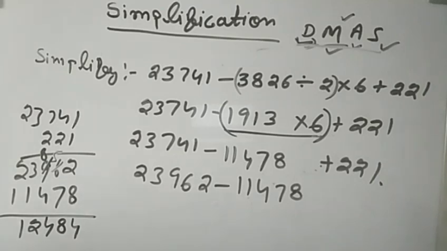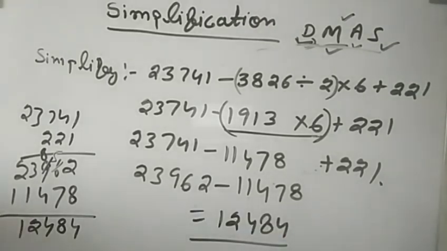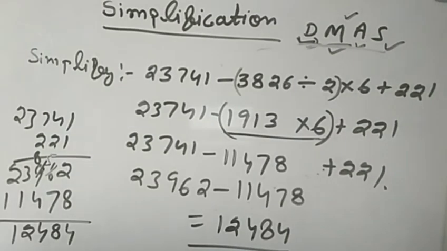So the answer is 12,484. So in this way you can solve the simplification sum.